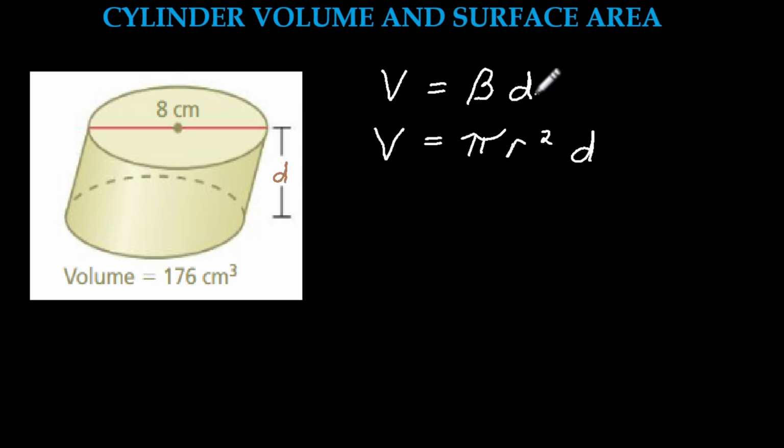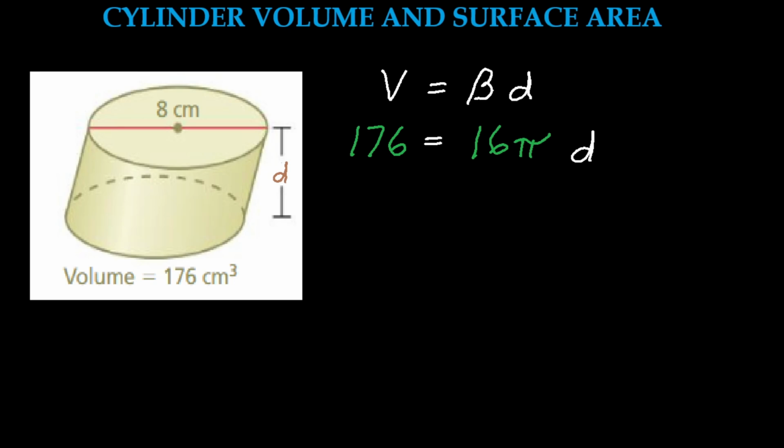So beta in this case is the area of a circle, and we're going to substitute the numbers that we have. So first, I know the volume is 176. I know that the radius is going to be 4, and 4 squared is going to be 16. So on the right side, we'll have 16 pi d.